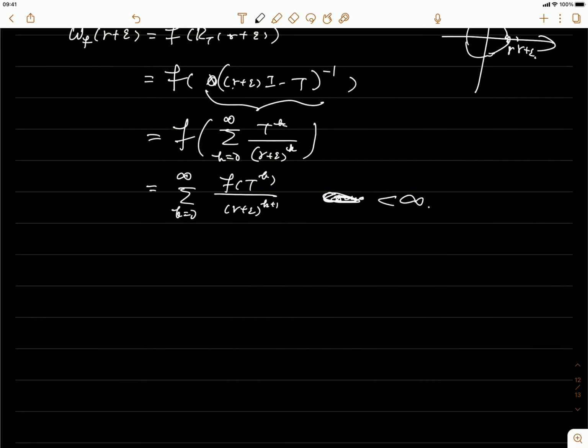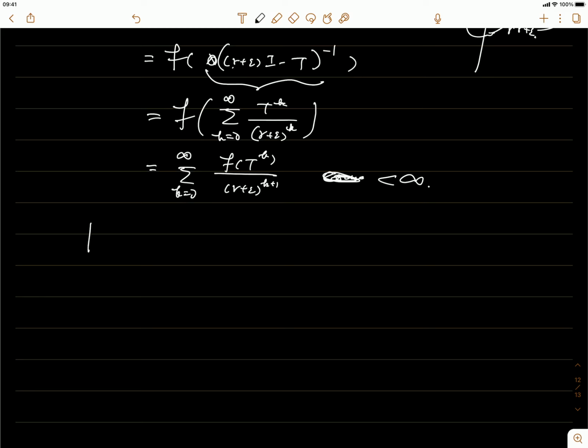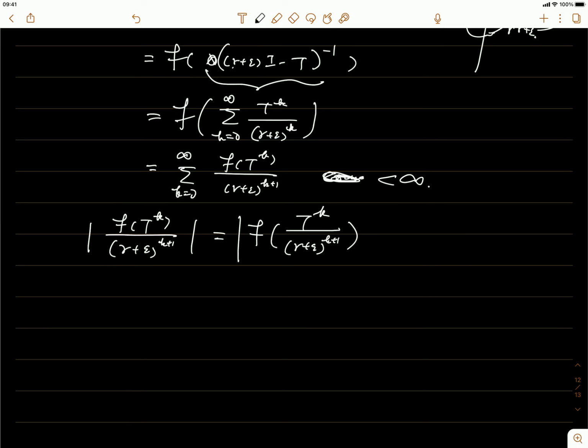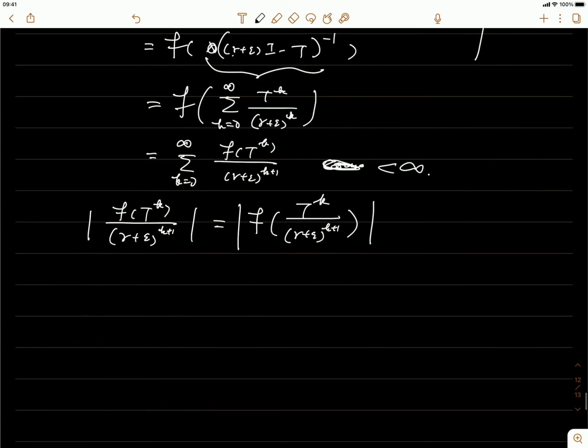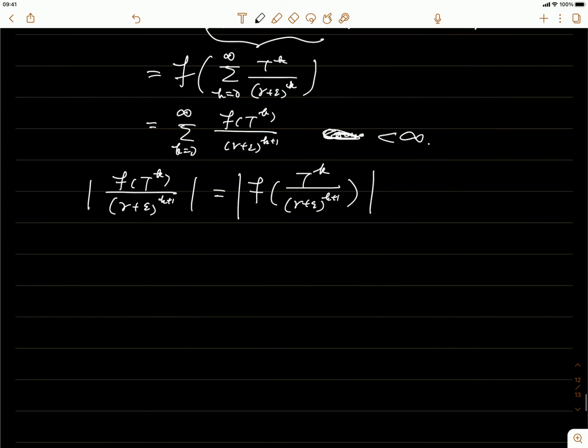So this will mean that for every k, F of T^k over (r plus epsilon) to the power k plus 1 is bounded. And this is equal to F applied to T^k over (r plus epsilon)^(k+1), if I put it inside. This is a bounded value because it's just one term in the convergent series.